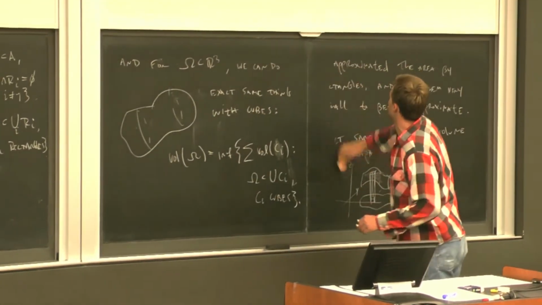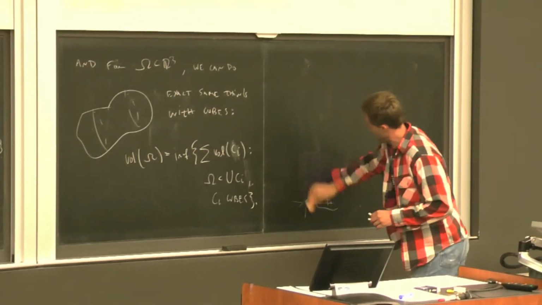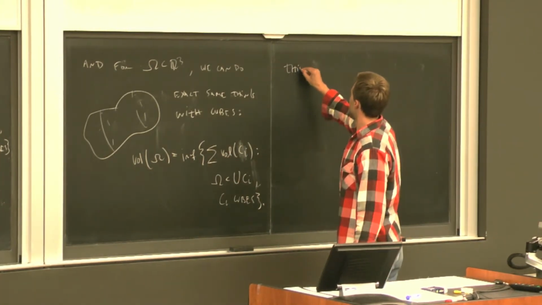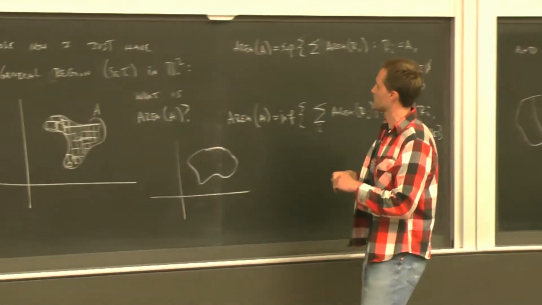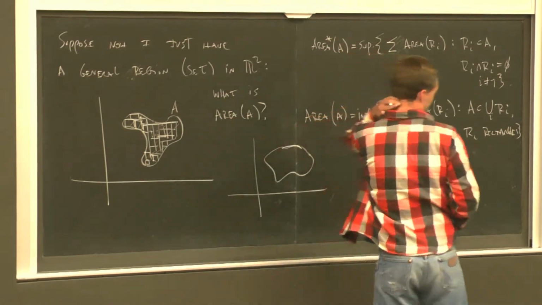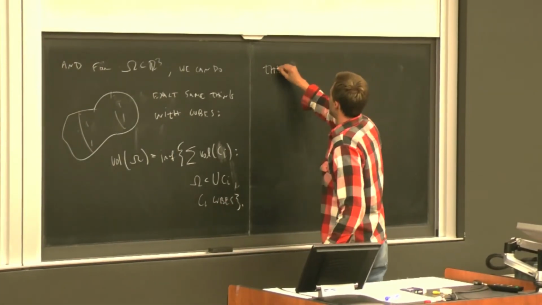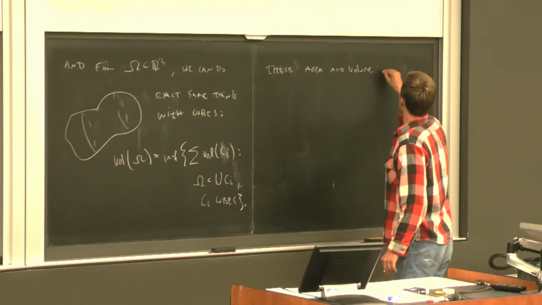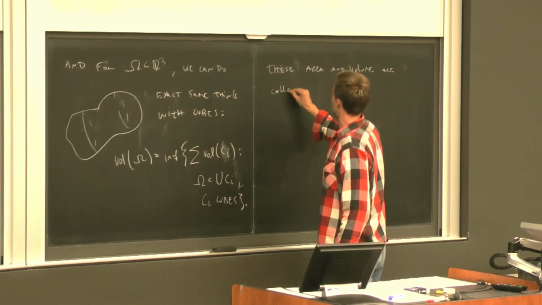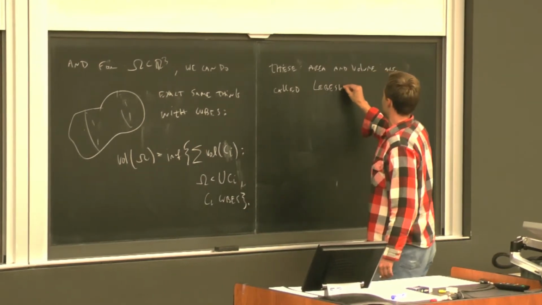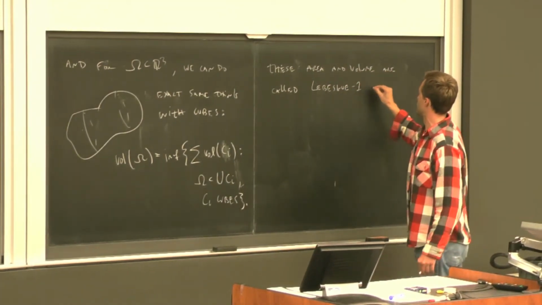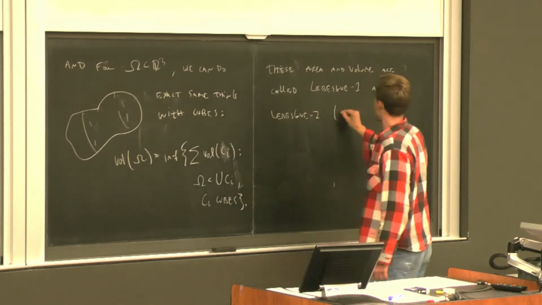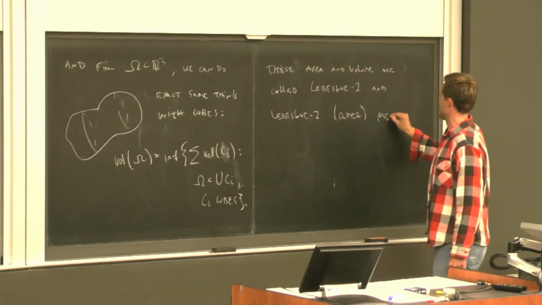Let's call this area star. These area and volume are called, just for your note, Lebesgue 1 and Lebesgue 2 outer measure.